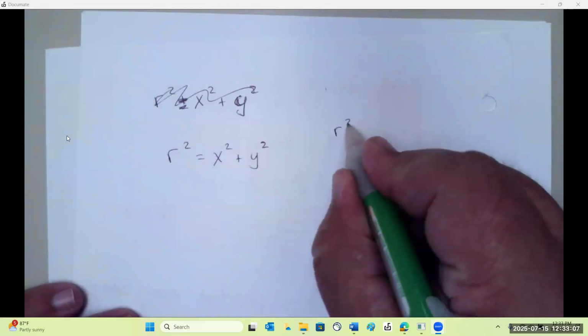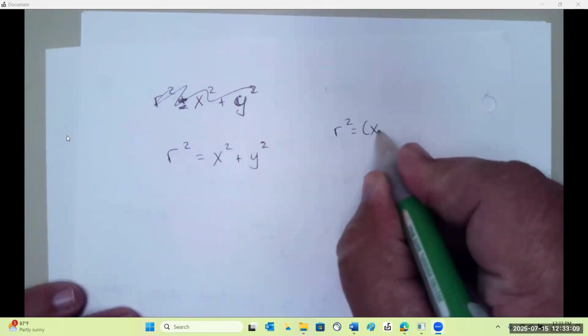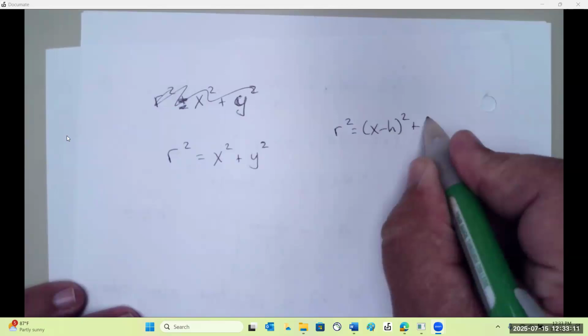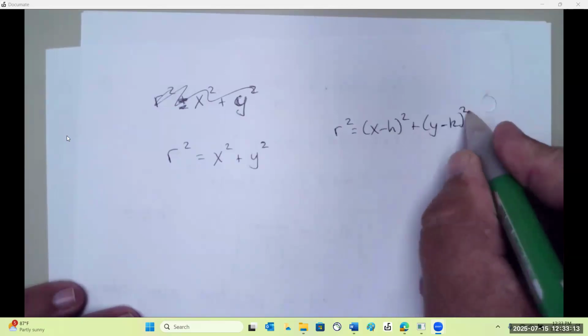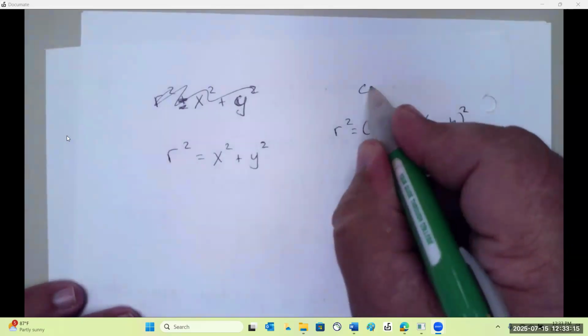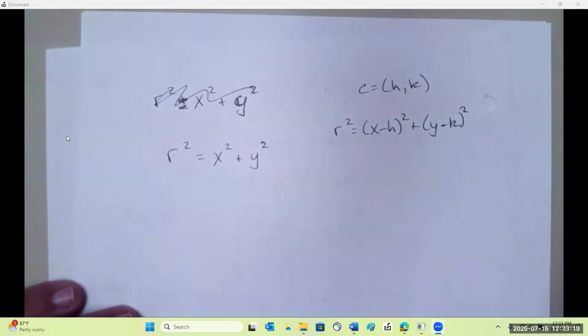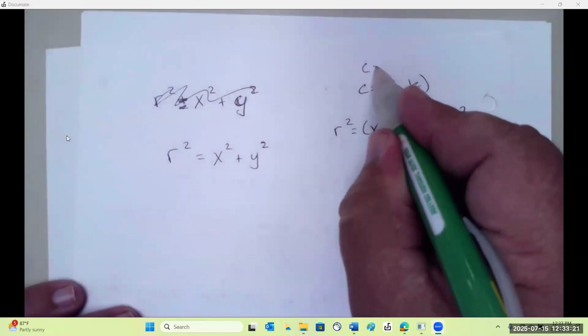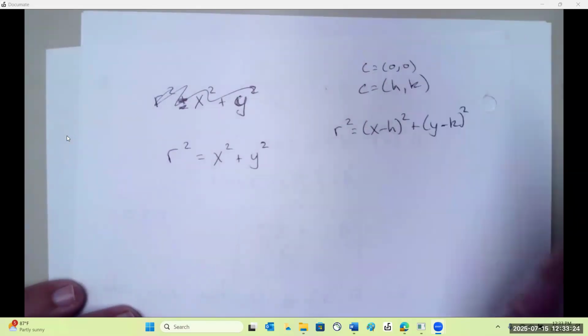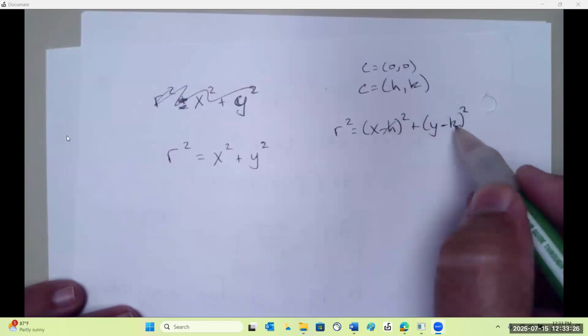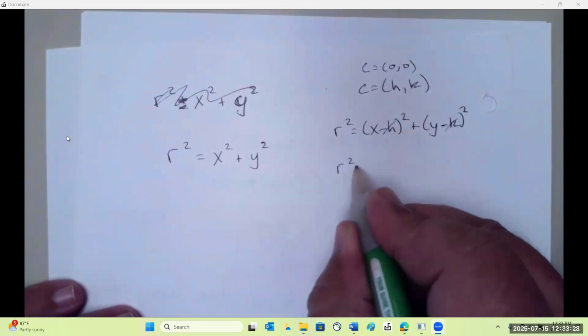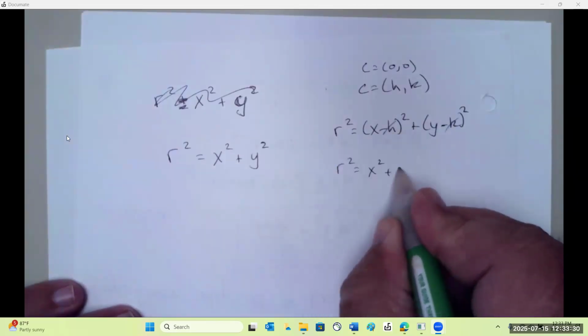Because the formula for a real circle is radius squared equals x minus h squared plus y minus k squared, where the center is (h, k). Since we're dealing about the origin, both cancel, so we have r squared equals x squared plus y squared.